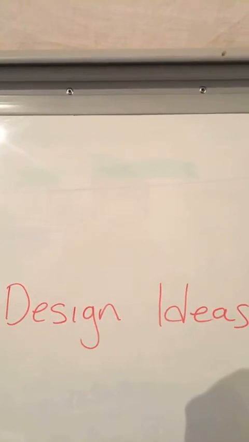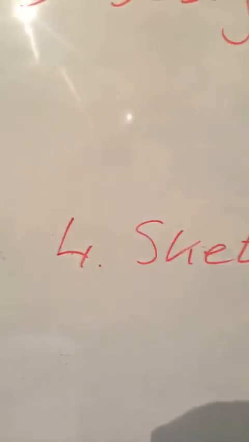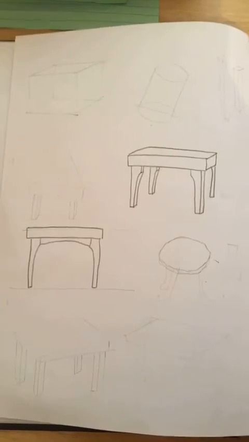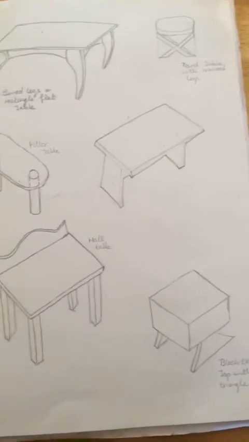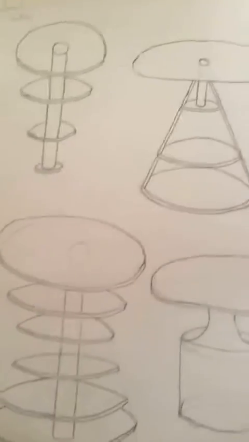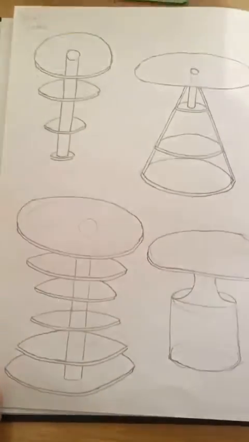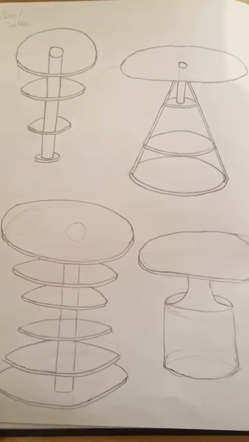From design ideas, we now move straight into the next stage, stage 4, which is sketches. And here is some examples of my sketches. I used the idea in relation to spirals and cones to form sketches in relation to the topic.